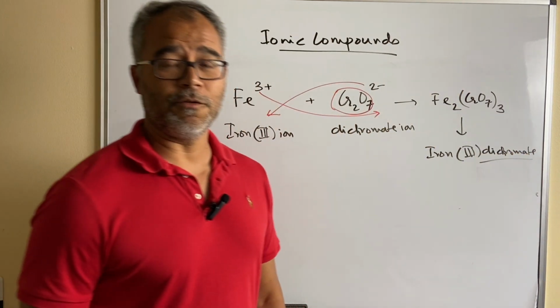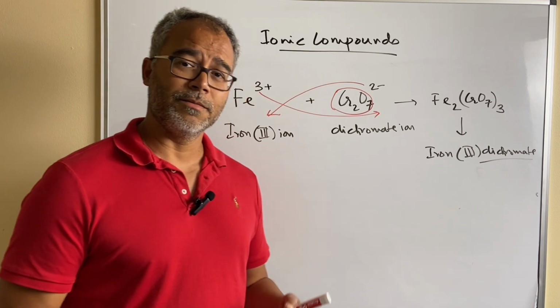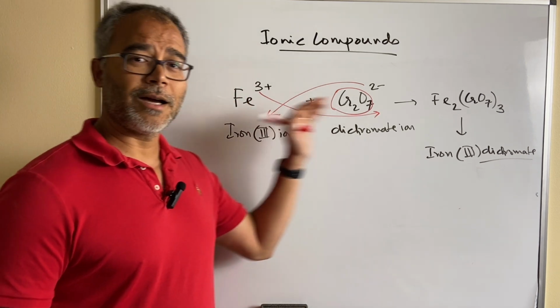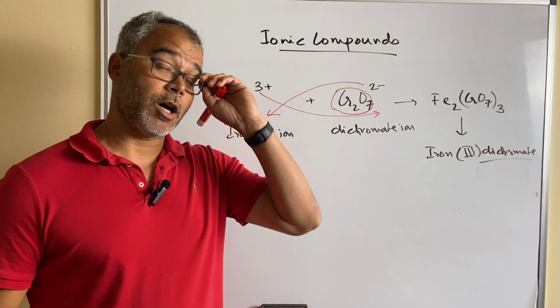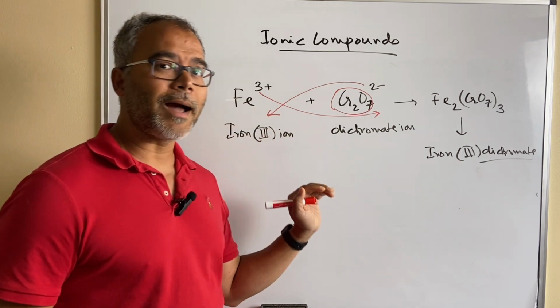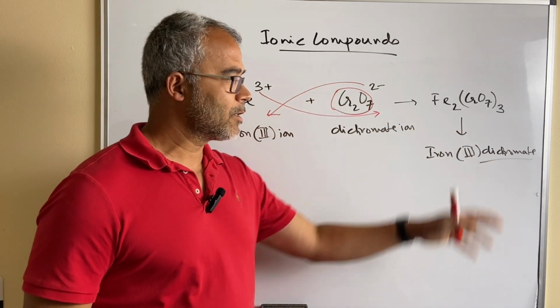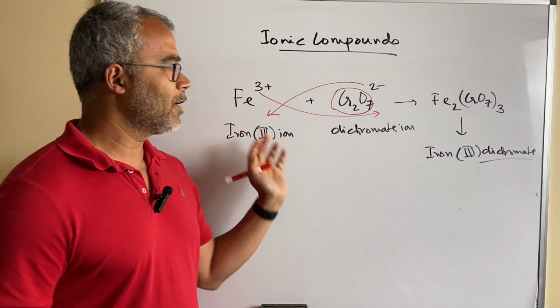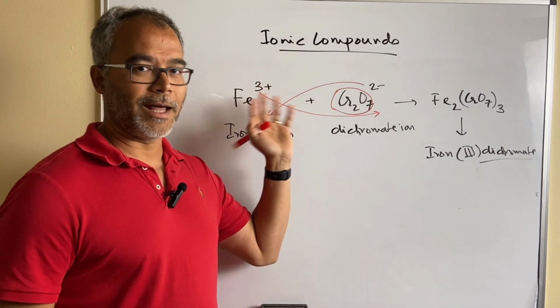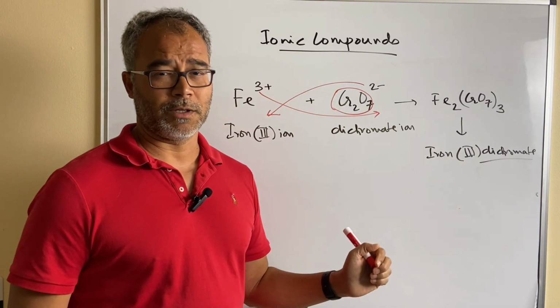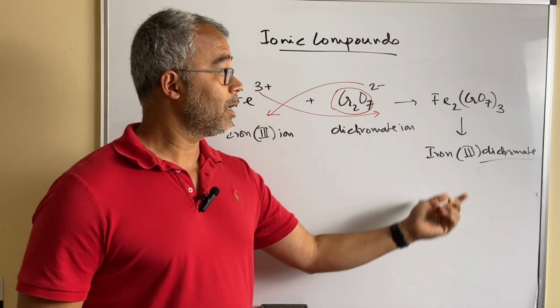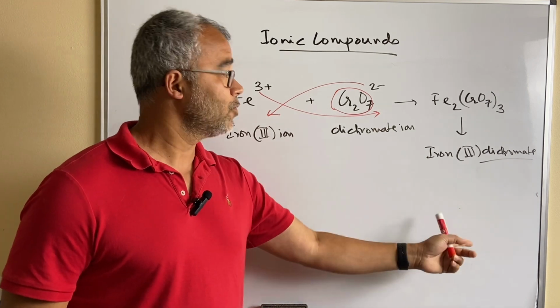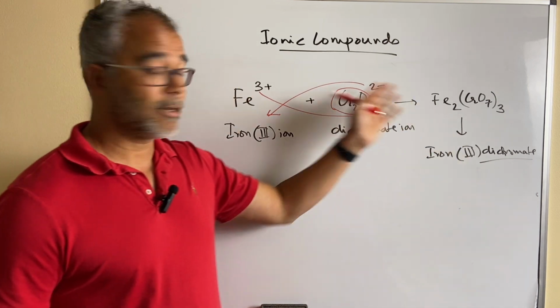So as you can see, if you just follow the system step by step, you write out the ions with their respective charges, you write out the names of the ions, then you do crisscross applesauce, and then you write the name. You can very easily go from an element to the name of the compound it forms. And if you follow the same process backward, you can go from the name back to the element.